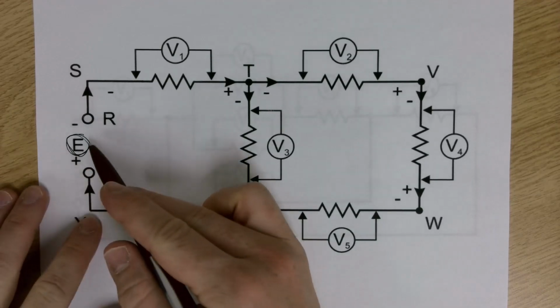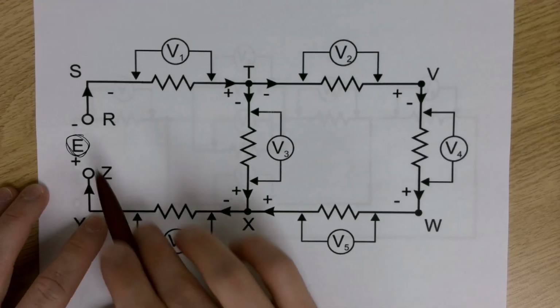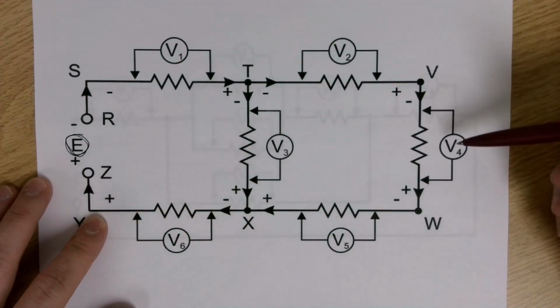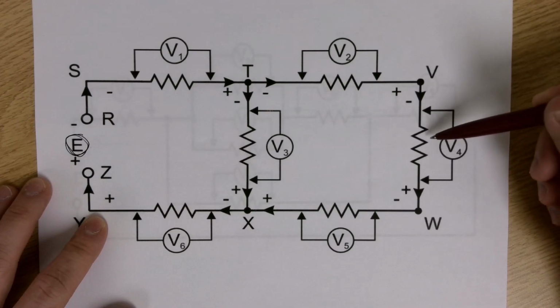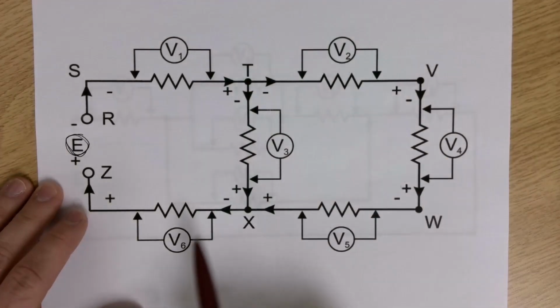But in this situation, we only have one applied voltage. If this is our source of energy and we had a second source of electrical energy over here, then that would be another voltage rise. But it's not. These are all just voltage drops.